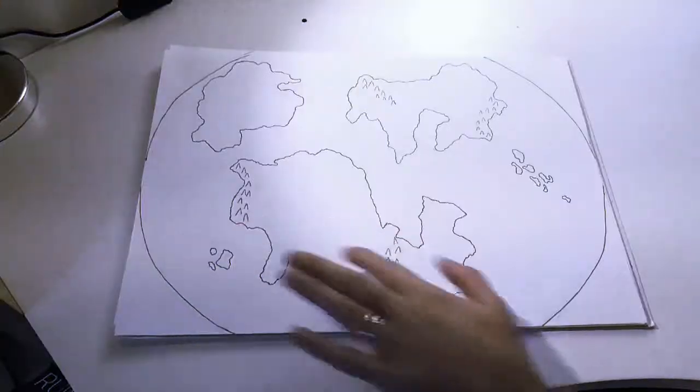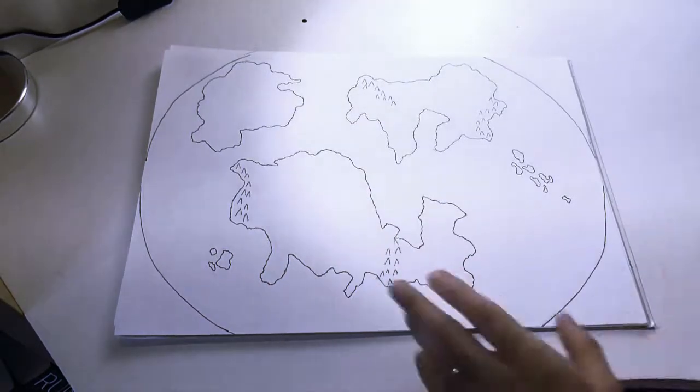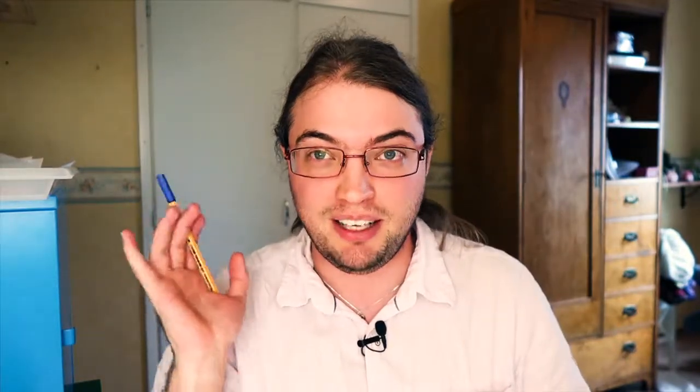Just like I've done with the mountains, there are more mountains in the world than just these, but these are the largest mountain ranges. You can compare these mountains to like the Alps or the Himalayas or the Andes, the really, really large ones. But again, of course, there are smaller mountain ranges elsewhere in the world as well. And the same is going to be true about rivers and lakes.